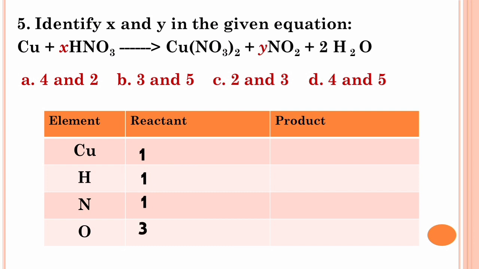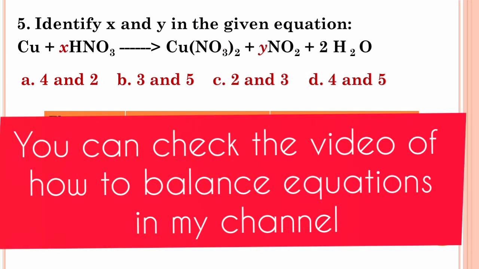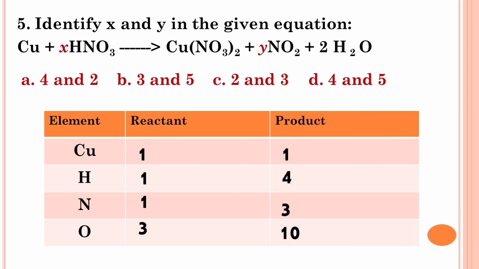You can see there is 1 atom each of copper, hydrogen and nitrogen on the reactant side and 3 oxygen on the reactant side. Whereas on the product side you have 1 copper, 4 hydrogen, 3 nitrogen and 10 oxygen atoms. Let's start balancing the equation by balancing hydrogen. So 1 into 4 is equal to 4. So let's consider the value of X is 4.